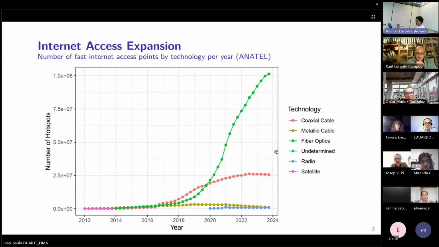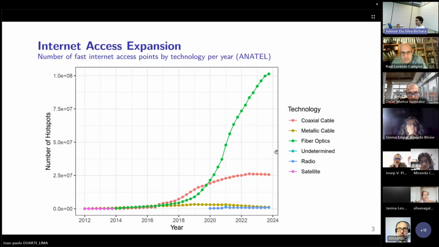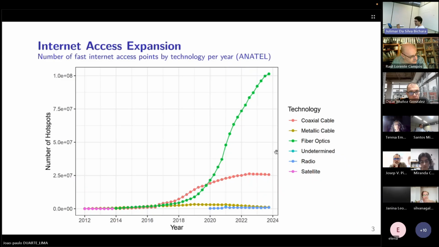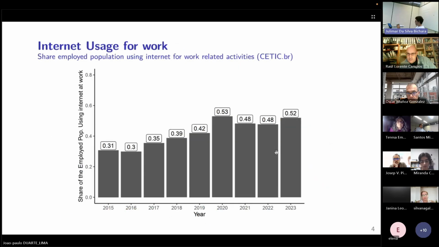By internet access expansion, I mean what happened in the past decade in Brazil. I mean fast internet that came with fiber optics. There was an increase in internet speed in Brazil, and it happened at the same time as fiber optics replaced the older technology.